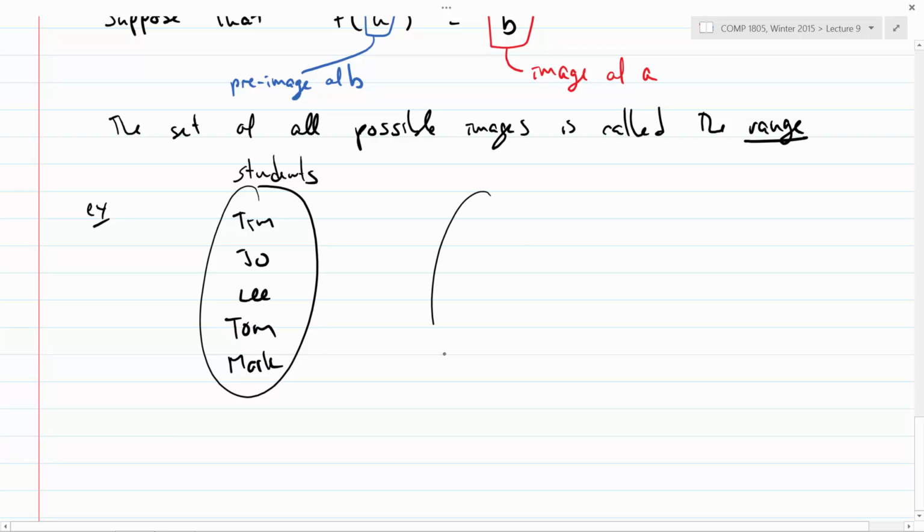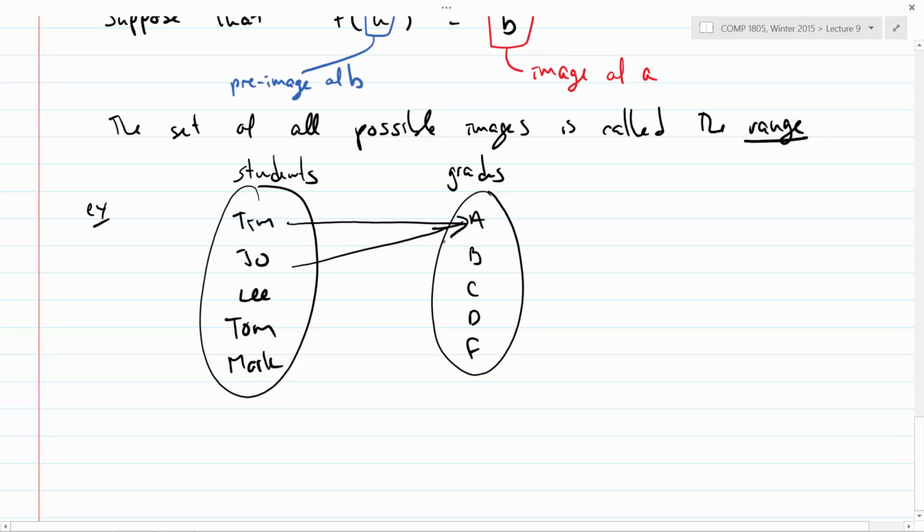And we have this set of grades, and it consists of A, B, C, D, and F. And the function looked like this. Tim had an A, Joe had an A, Lee had a B, Tom had a D, and Mark had a C. And this function is called G.